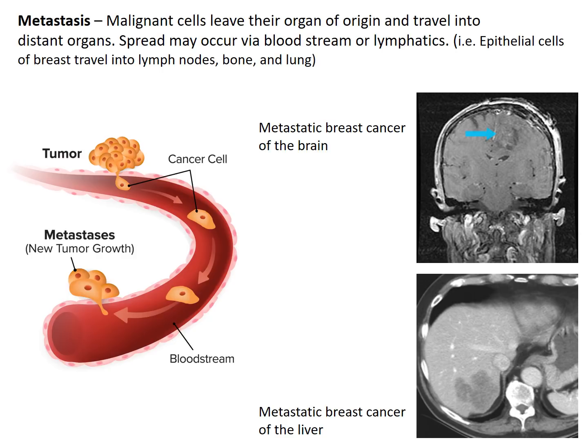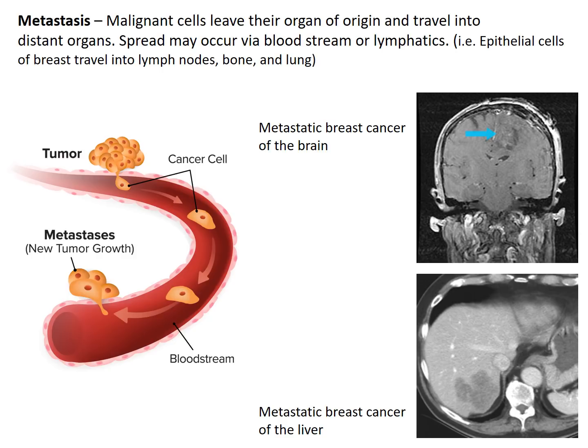And we've got a couple of pictures of CT scans for you. One shows a tumor in the brain. So if that individual had a primary malignancy of breast, and that malignancy spread to the brain, we would call that metastatic breast cancer of the brain. In the other slide, we're looking at the liver.